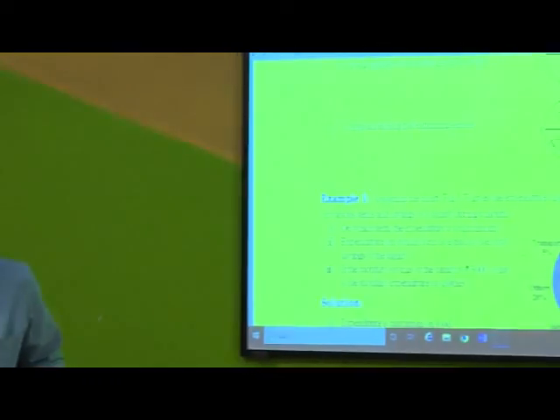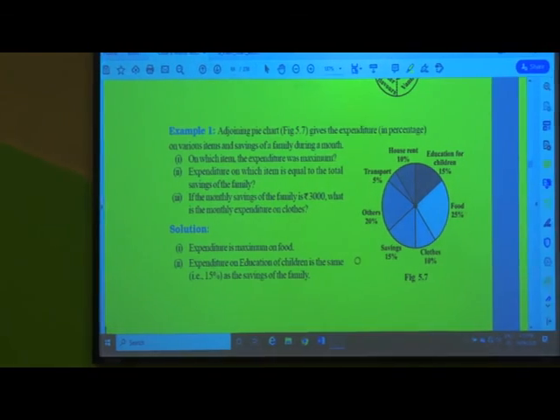The data is given in percentage form. That percentage form we have converted into a fraction, and the fraction is of a circle. So, what part of the circle is the fraction? We have seen that.